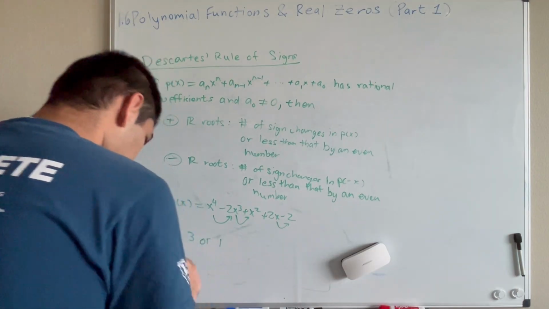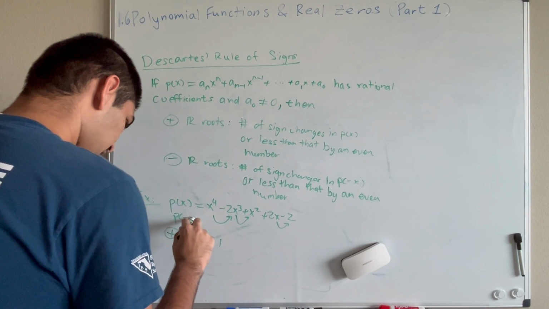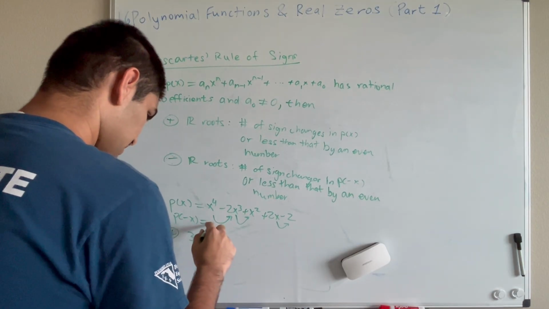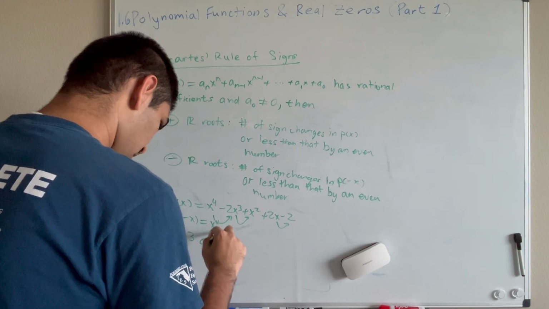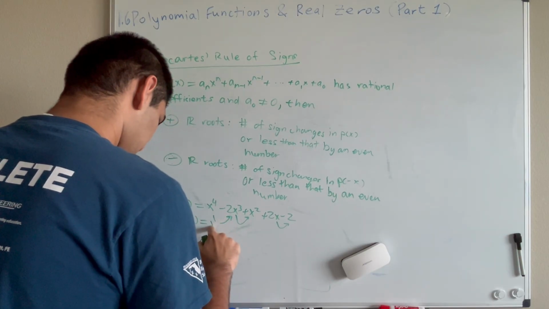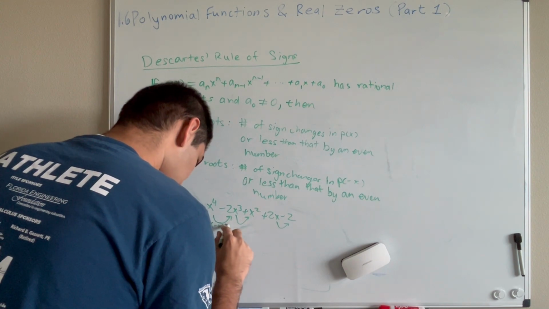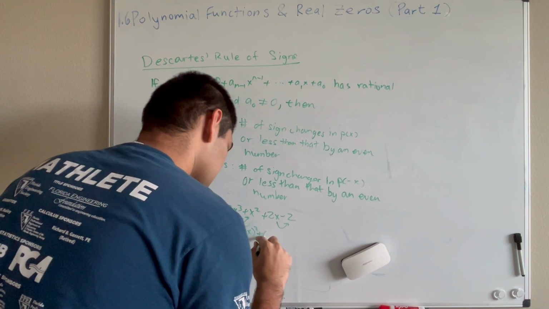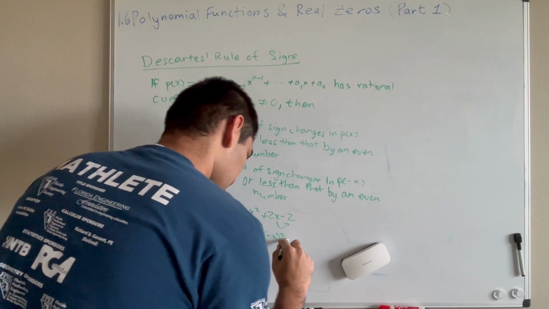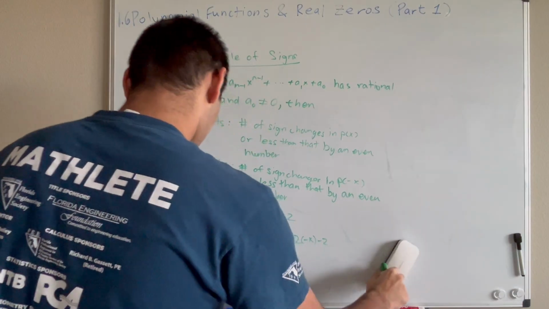Okay. And then as for the negatives, you simply find p of negative x. Actually, I'll substitute it in, just so you guys can see what I'm talking about. So you have negative x to the fourth minus 2 times negative x cubed plus negative x squared plus 2 times negative x minus 2, right?